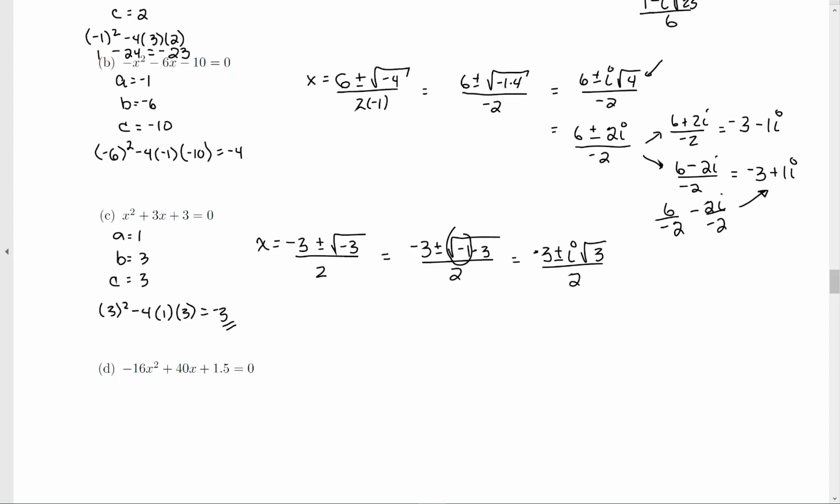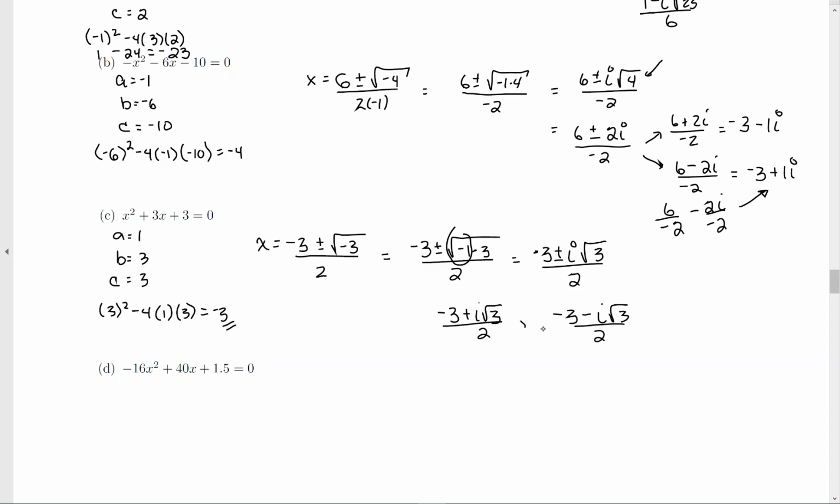So our final answer is going to be negative 3 plus or minus i radical 3 over 2. If I have to separate it into two separate answers, we'll see negative 3 plus i radical 3 divided by 2, or negative 3 minus i radical 3 divided by 2.